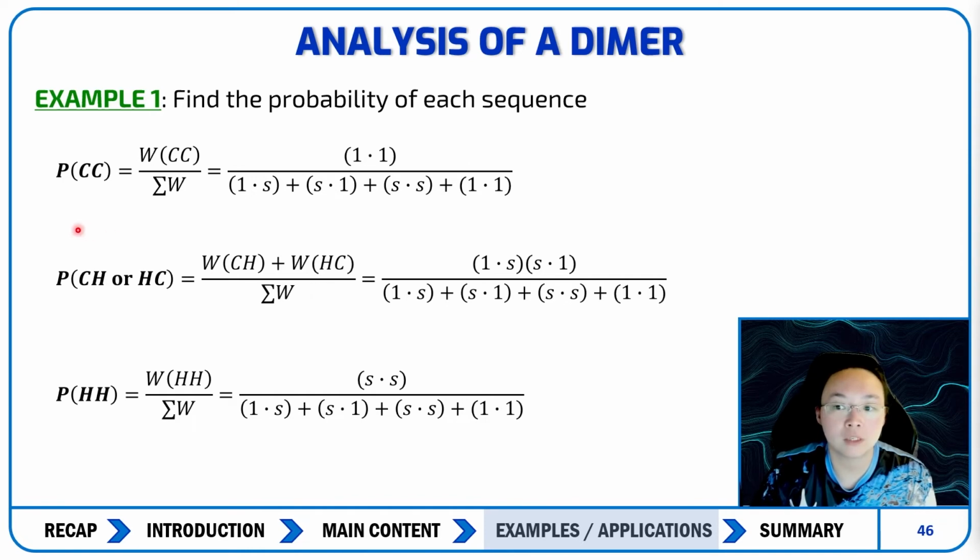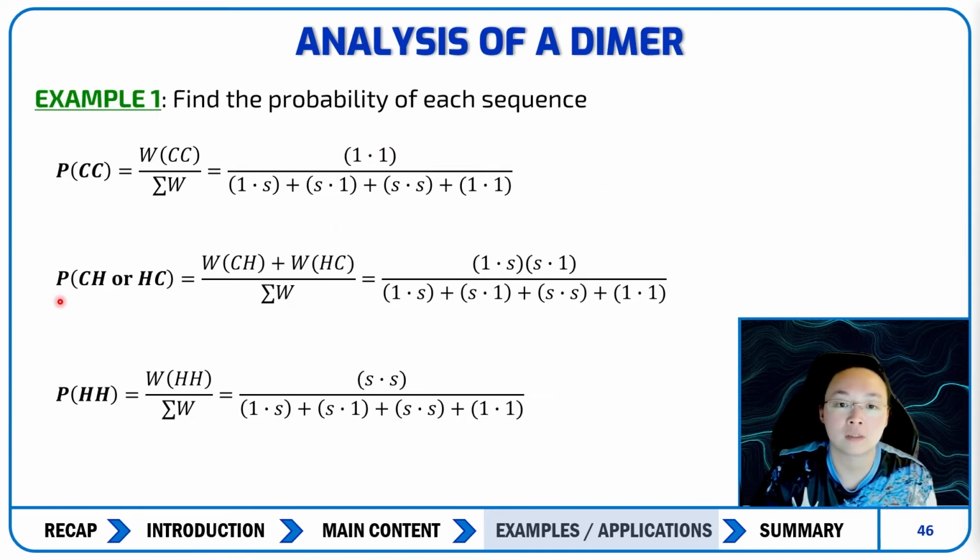So the denominator here is always long, so all of the different multiplicities added together would be 1 times S, S times 1, S times S, and 1 times 1. So these are all the different possibilities, and the weight of CC is simply 1 times 1. So this would be the probability of getting your CC sequence.